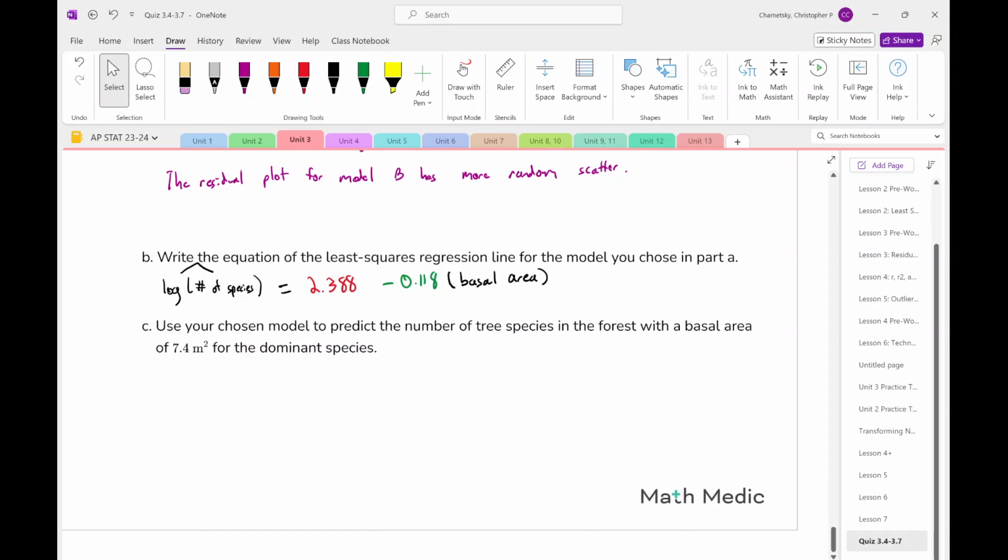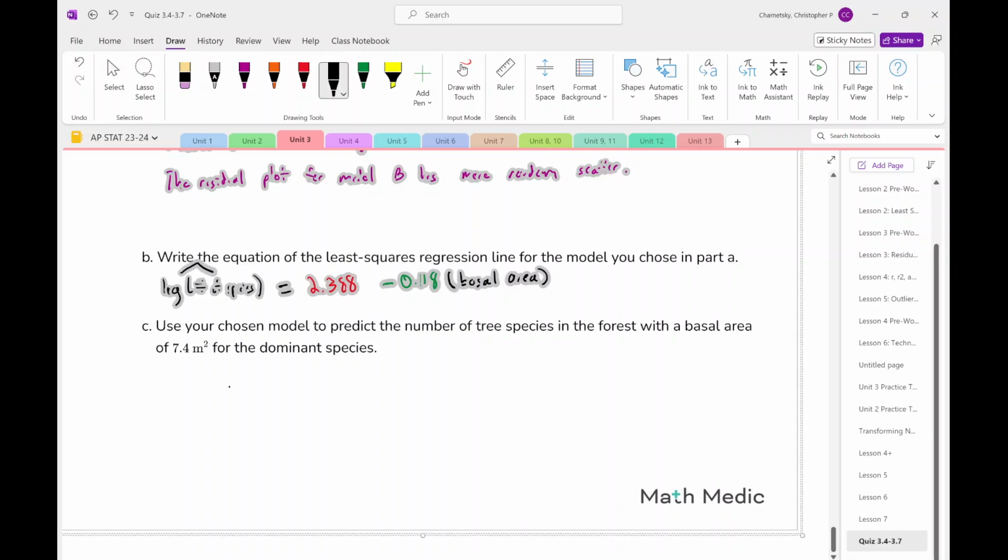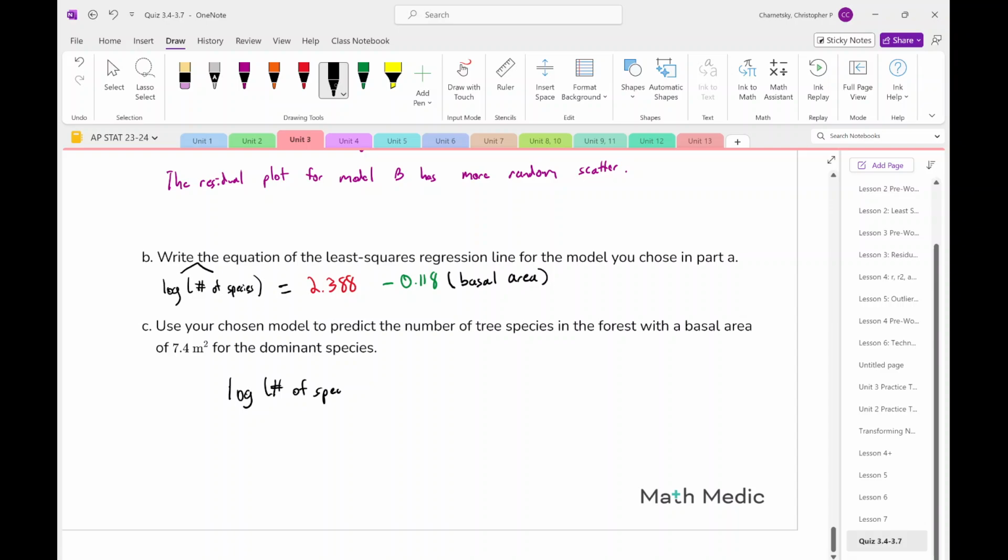Okay. Using our chosen model, predict the number of tree species in the forest with a basal area of 7.4. So we're going to plug in 7.4 into our basal area and calculate the number of species. So I'll just rewrite this. Log number of species hat equals 2.388 minus 0.118 times 7.4.